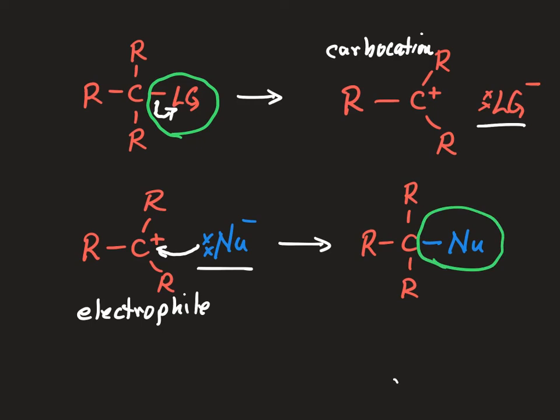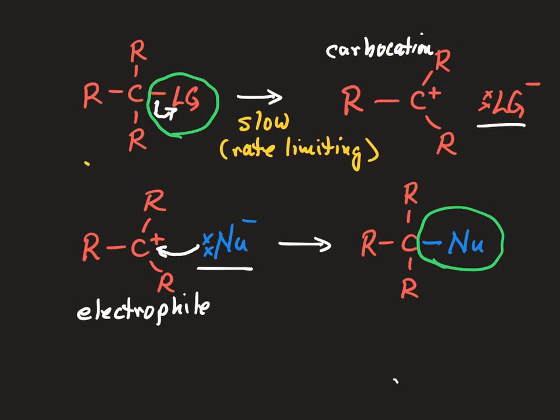Now this step is slow, therefore it is rate limiting, right? It determines the overall rate of the process. The slowest thing you do determines how fast you can get the whole thing done.